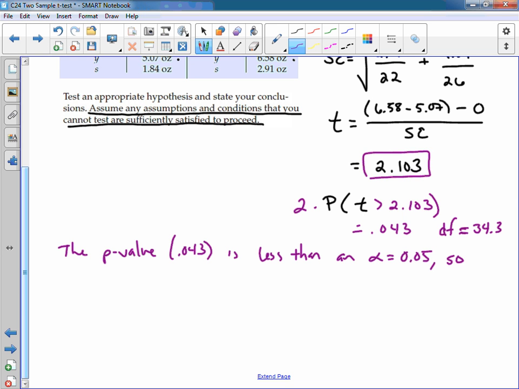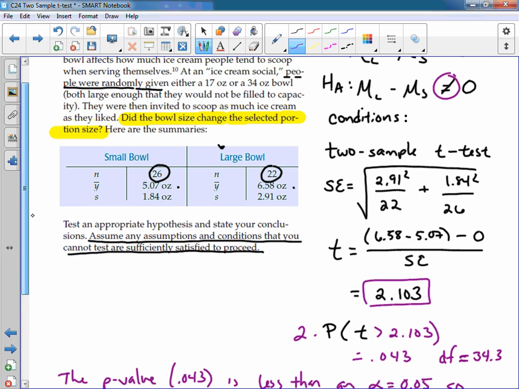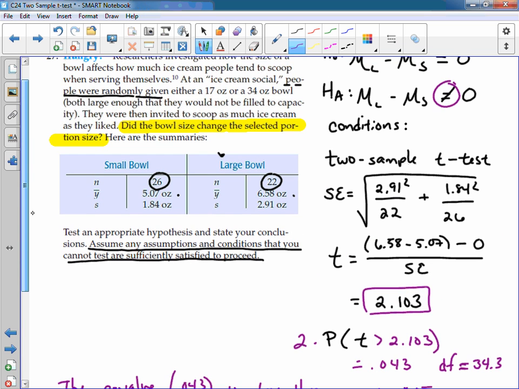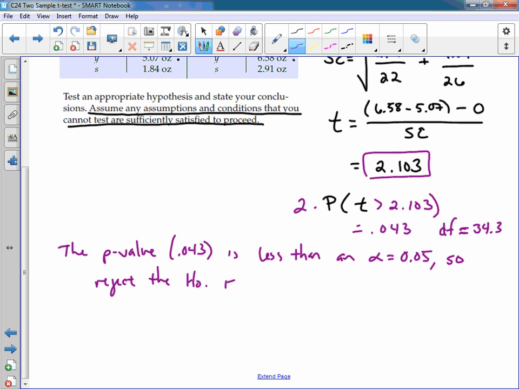So if it's less than, we reject the null hypothesis. And then to put that into context, we were just saying if the difference was equal to 0, and it's not. So it seems bowl size affects portion size.